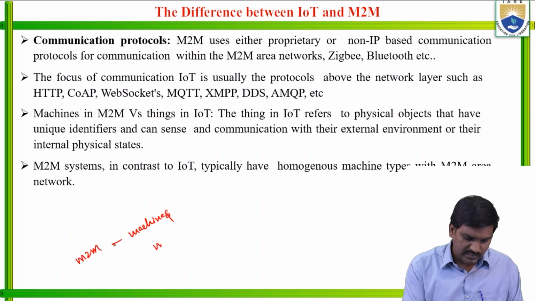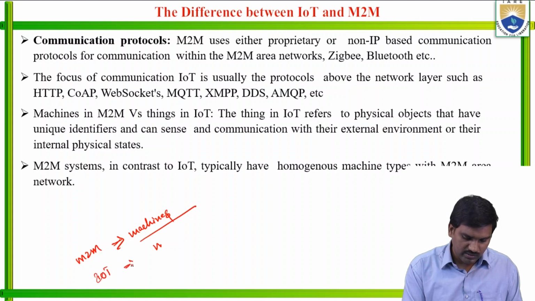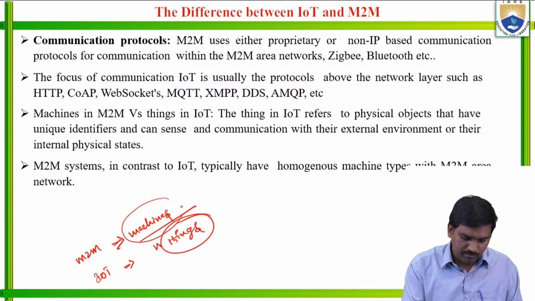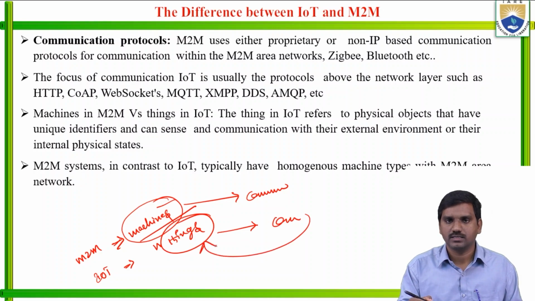M2M can deal with only machines. IoT can deal with things. That means in M2M the communication goes on between machines, and here the communication goes on between things, the Internet of Things.